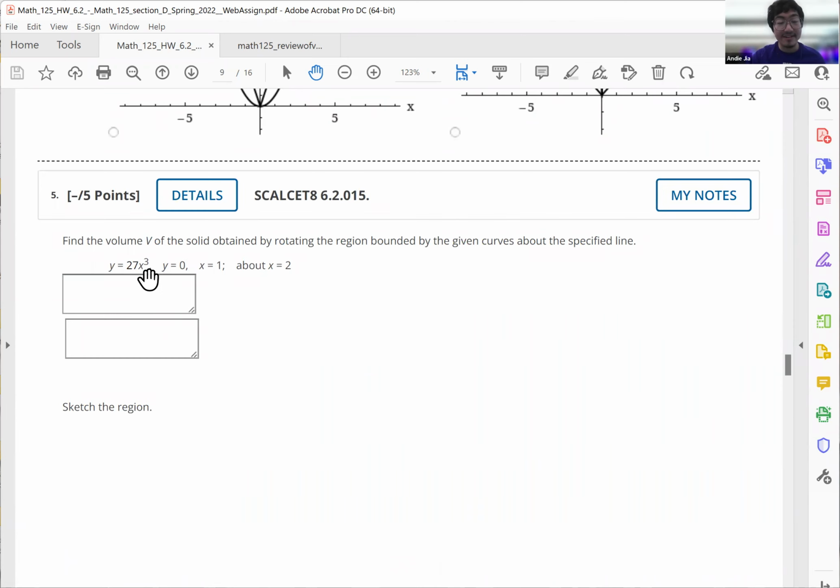This is going to be the same thing, but with more variation about the x or y axis.